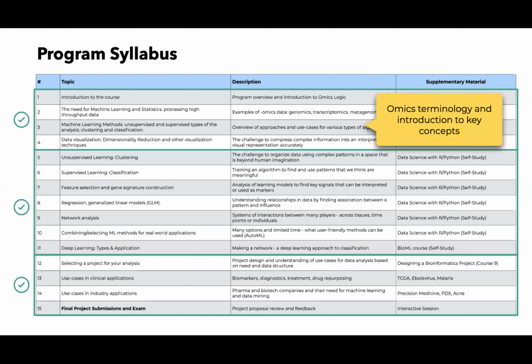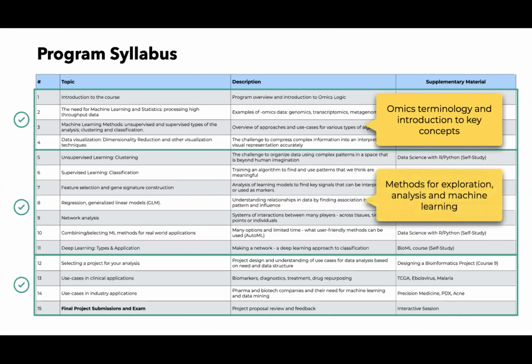The first session is going to give you a sense of omics data, terminology, and key concepts that you just have to know to get started. The second portion will tell you about the details of the methods. What's the difference between different clustering methods, or how to do dimensionality reduction using different techniques for different types of data, and what are the differences between statistical analysis methods and machine learning methods or deep learning methods.